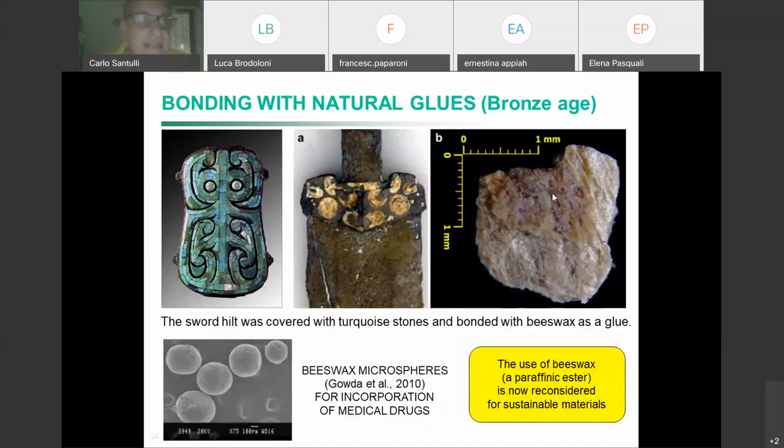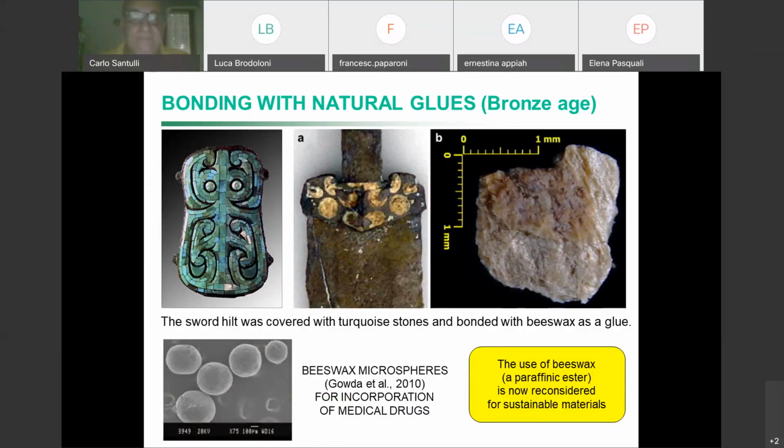the interesting thing is that gluing, bonding, was starting even at that time. Here we have turquoise, which on a sword hilt was bonded, glued on a sword hilt, and the turquoise was also a precious stone.